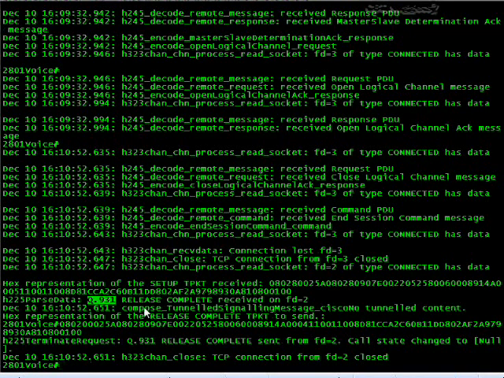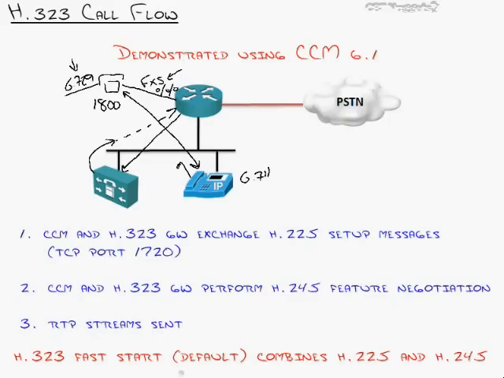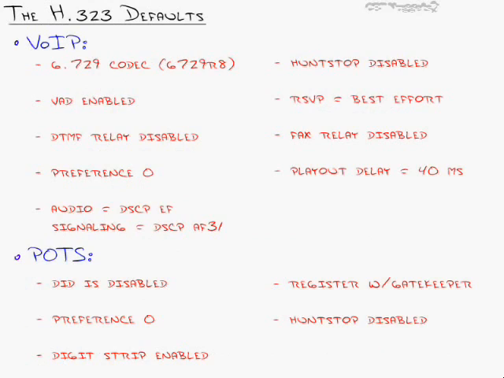So don't be surprised when you see these things used synonymously. It's the same kind of messages. That's what lets H.323 work so well with the PSTN, using caller ID and all that kind of stuff. It uses the same kind of signaling, Q.931, which is well understood. So that's a view of what the call flow looks like in action between a gateway and a call manager using H.323.